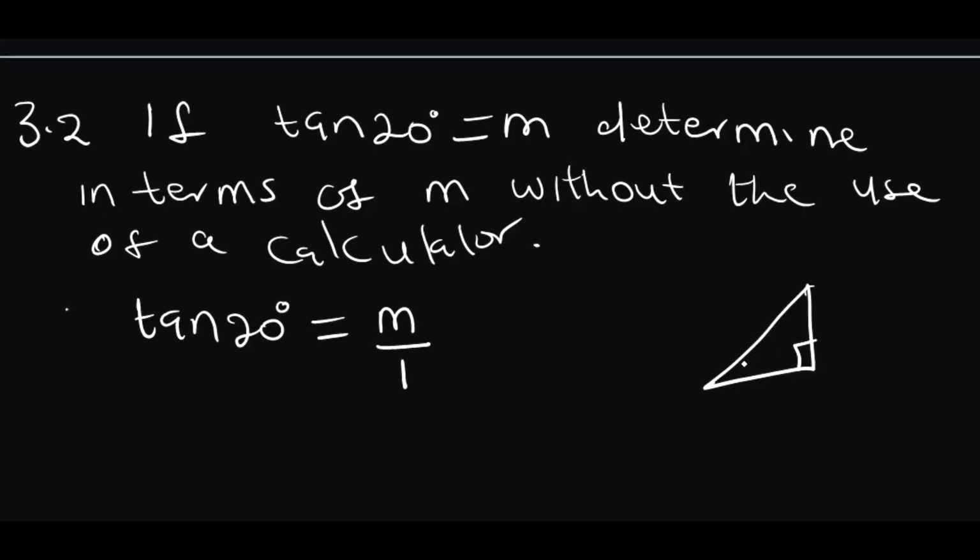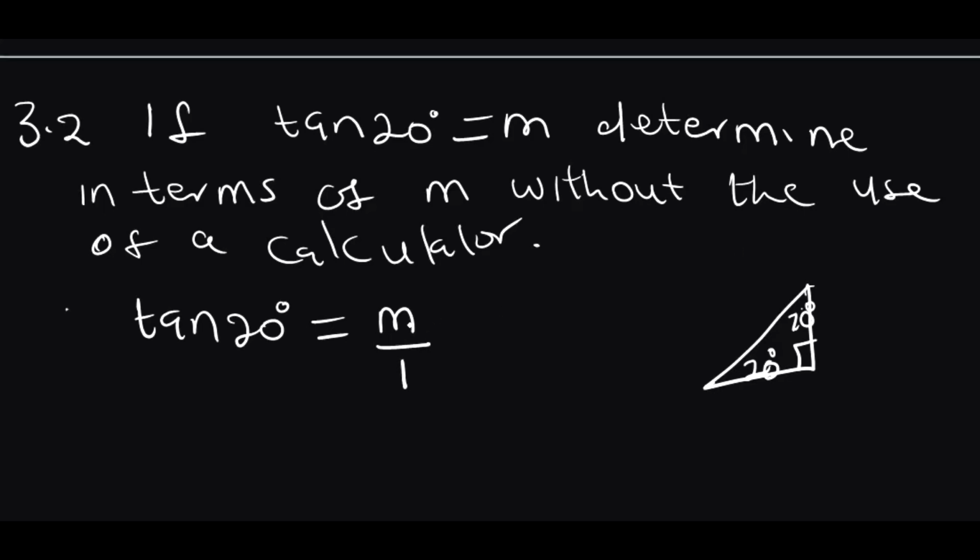Then we can put 20 degrees here, and here we can put 70 degrees, since 20 plus 70 equals 90 degrees, and the sum of interior angles of the triangle equals 180 degrees.